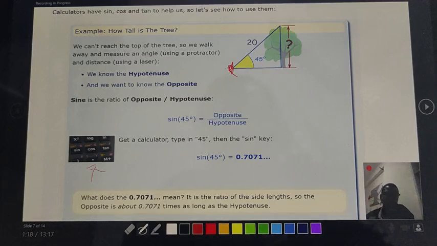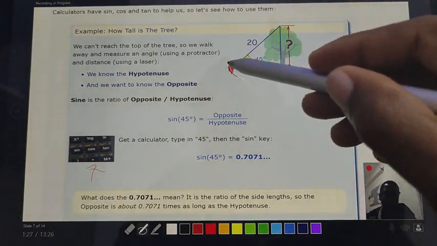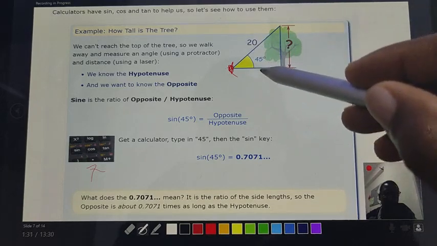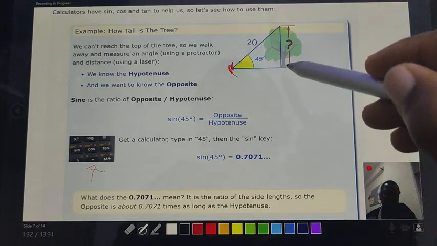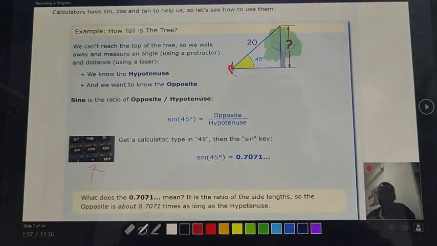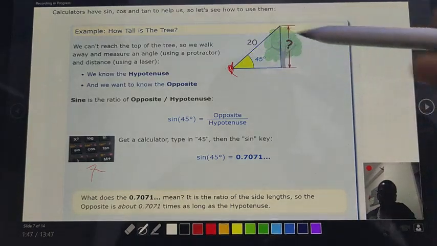We can't reach the top of the tree, so we walk away and measure the angle using a protractor, and the distance using a laser. A laser is a technological instrument which you just beam and it gives you that distance.